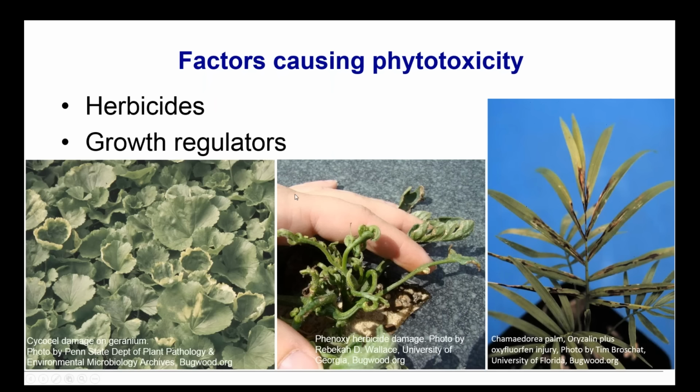Herbicides, it will pop up in a moment, typically cause this middle image here, causes a deformity of the growth, but it's not always that. Sometimes you can get necrosis or just cupping or a chlorotic sort of reaction, particularly with your growth regulators.